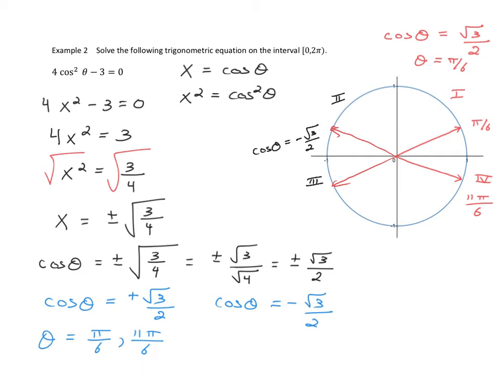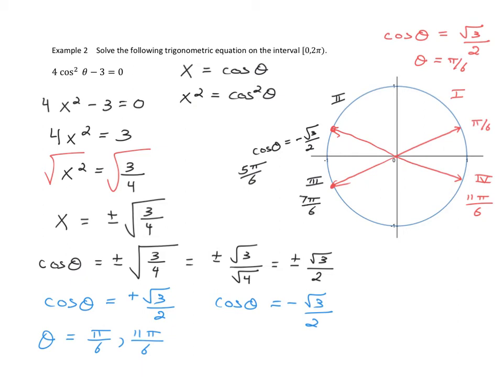So what angle is this and what angle is this? If this is pi radians, or 6 pi over 6, and you go backwards pi over 6, this angle has to be 5 pi over 6. So I'll include that here. That's one of my angles. And this one would be, if this is 6 pi over 6 and you go pi over 6 more, that's going to be 7 pi over 6.